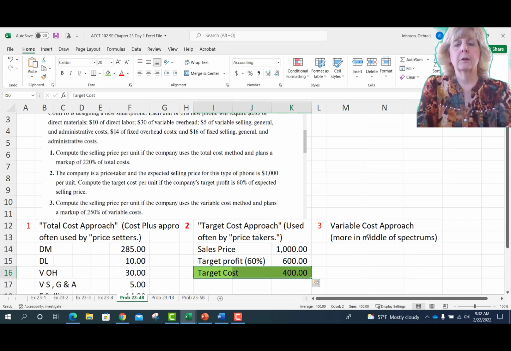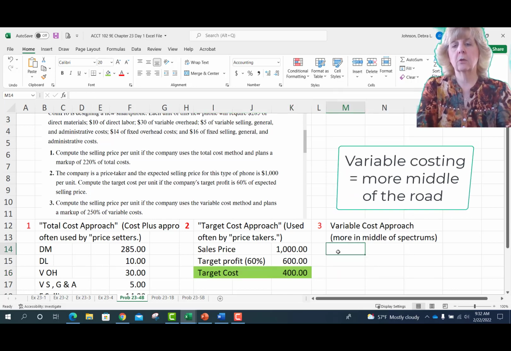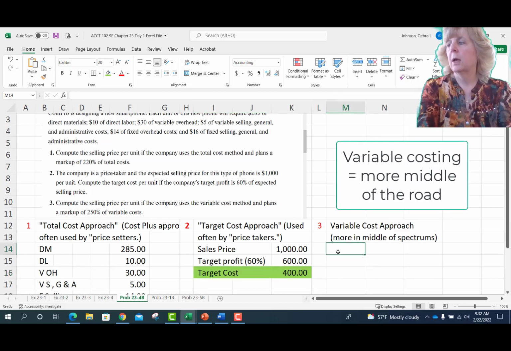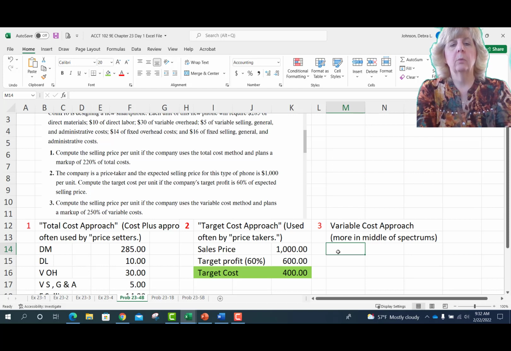The variable cost approach is more of a middle of the spectrum type of approach. In this case, we need to calculate our variable costs of making the product, and then we'll use the markup given. That markup will need to be enough to cover the fixed costs as well as the company's intended profit.